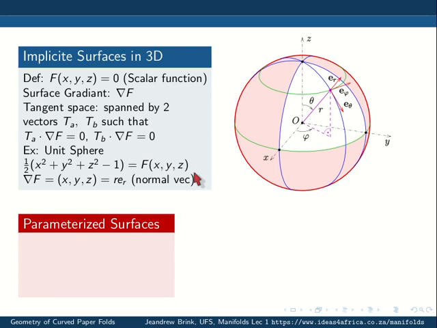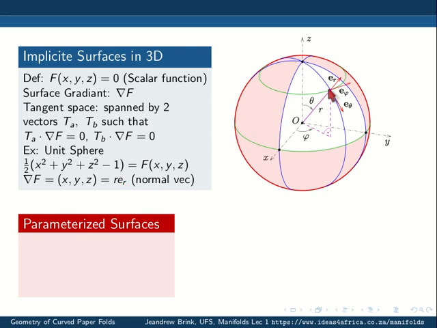Then you can say the gradient of f is just x, y, and z, because it's just the derivative of this thing, which is just r times the normal vector. But because you've restricted r to be 1, you effectively have that it's just the normal vector er.